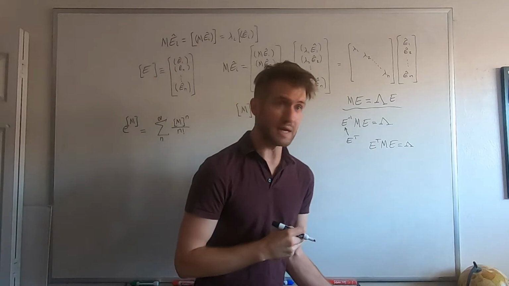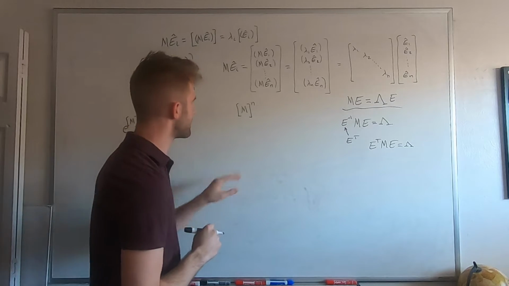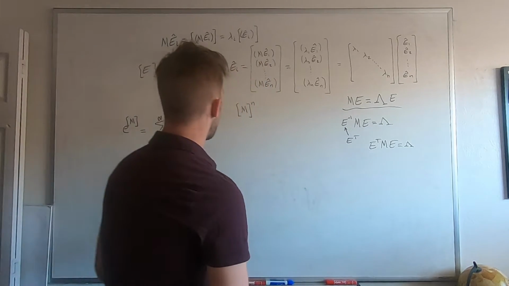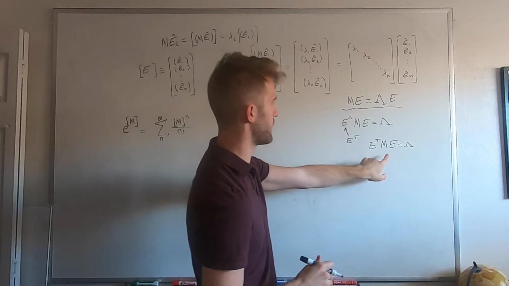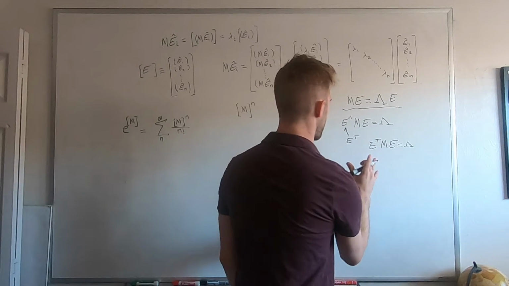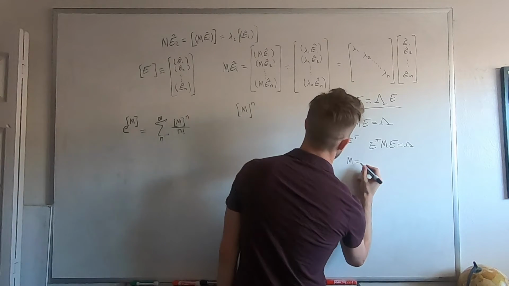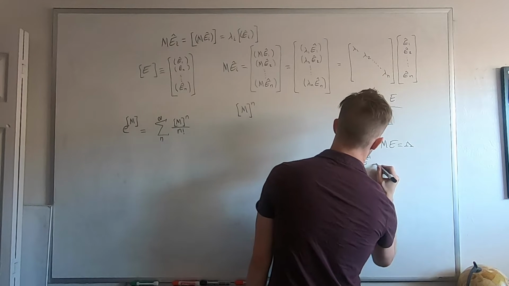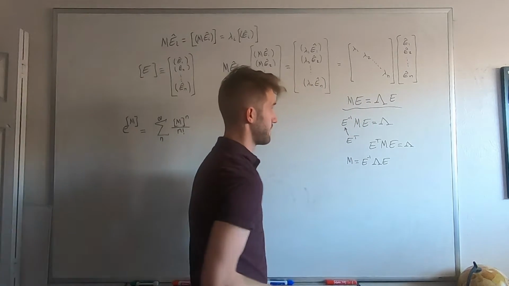Well, what we can do is reach into our toolbox and bring out our similarity transformation and start expressing our matrix in a similar form here. Now, if we were to raise this to the nth power, let's say we are solving for m. We can express our similarity transformation as m is equal to E inverse times our diagonal matrix times our eigenvector matrix.